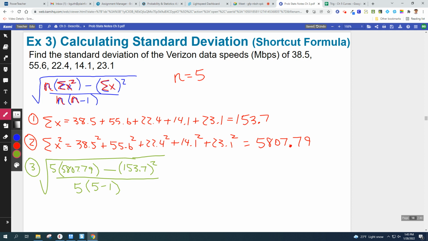So all I'm doing is plug and chug at this point. In the top of the fraction, I have 5 times 5807.79 minus 153.7 squared. If you clean that up, that's going to be square root of 5415.26. And on the bottom, you'll have 5 times 4 is 20.